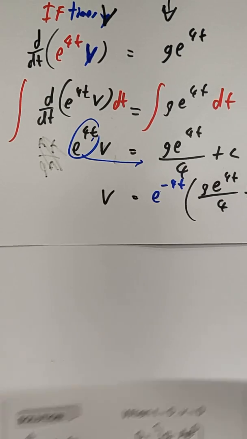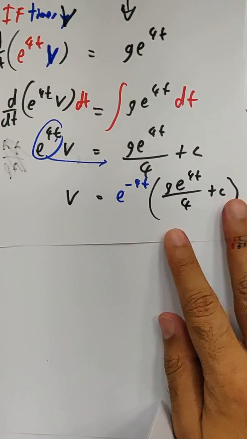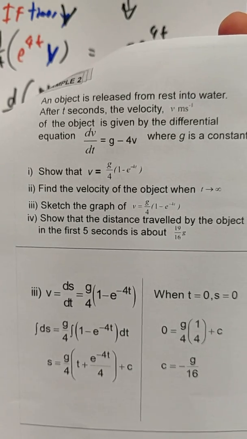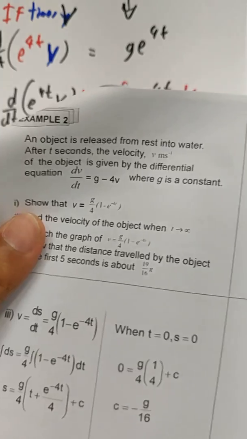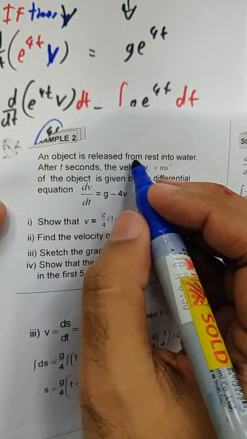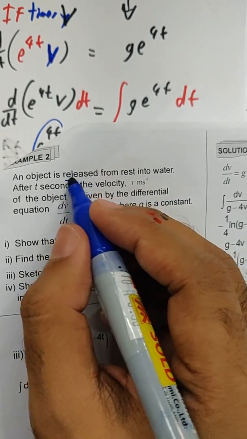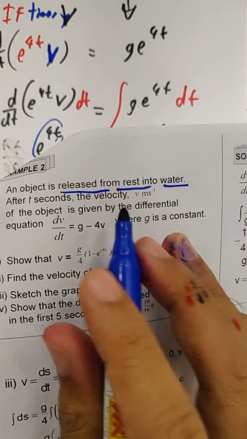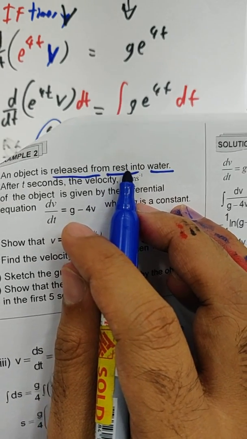But now, obviously it's different from here, so we need to substitute. But with what value? 0. The right sentence is over here. Yes, you're right. The object is released from rest into the water. So when the time is 0, rest means velocity is 0.